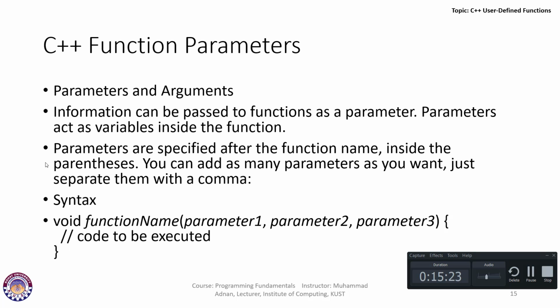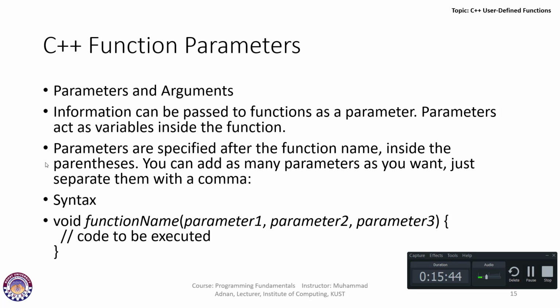So there is another important concept in user-defined functions, and that is called C++ function parameters. There is a little difference between parameters and arguments. Information can be passed to a function as parameters. Parameters act as variables inside the function.